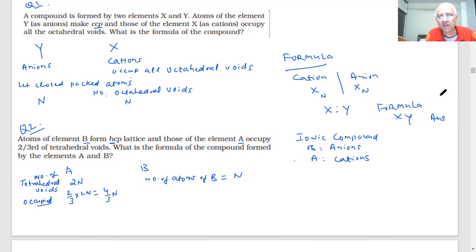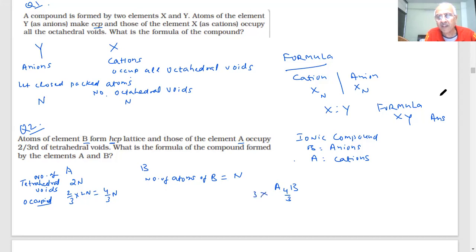So what is the ratio then? You can say A to B is 4/3 to 1. Since we have to cancel this fraction, how will you cancel it?